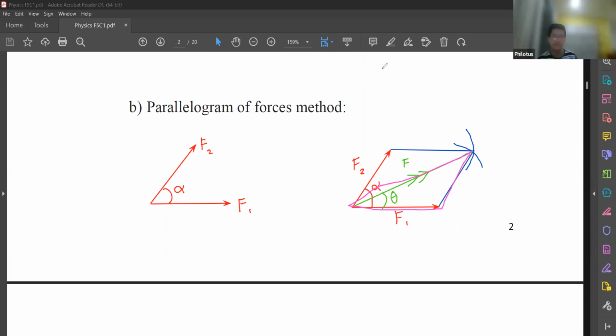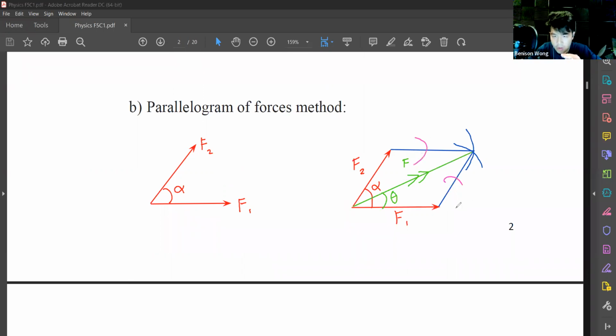So with the triangle of forces, we don't need to draw this parallel line. We straight away take this and put it over here. Once we put it there, we draw a triangle, we measure the length of that side of the triangle, and that will be the resultant force. That is why we use the triangle of forces.